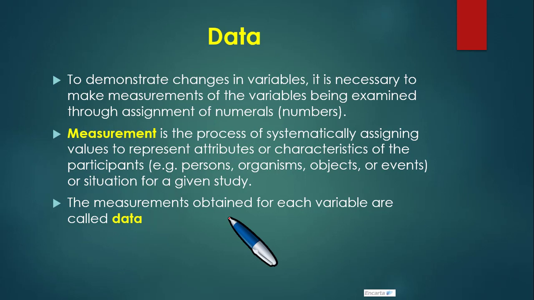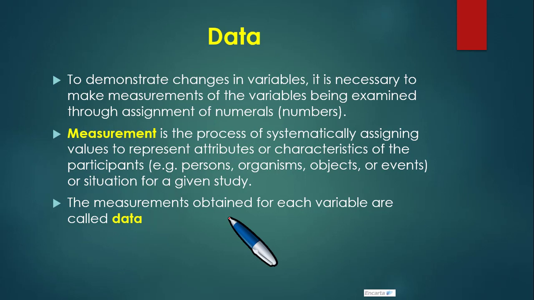For us to conclude that this variable is changing, we need to measure it by assigning numbers. For the fact they can take different numbers, for example in the case of gender, we can give male 1 and female 2, means that one can be a male, one can be a female. There is change in the characteristic of the participant, but not one person. This particular person is a male, the other person is a female.